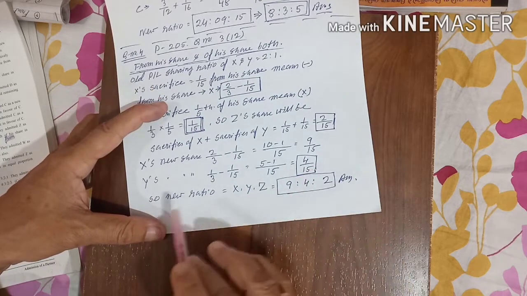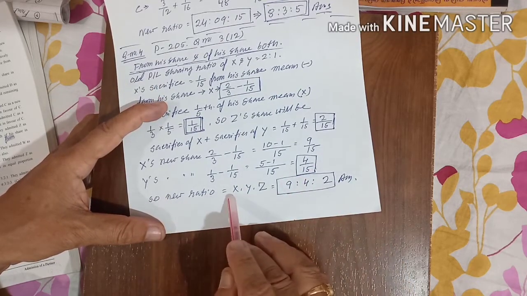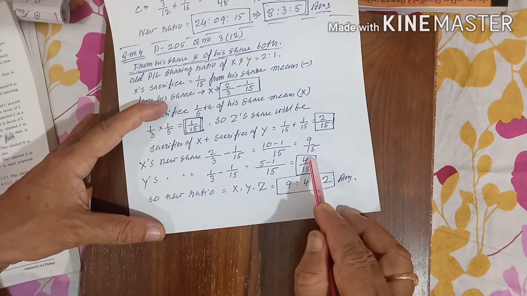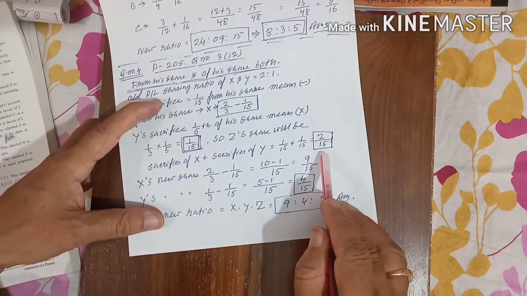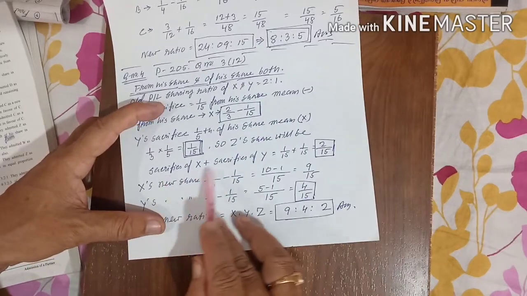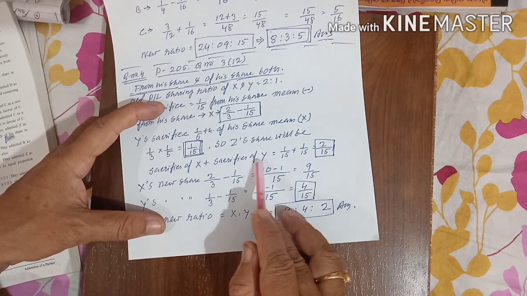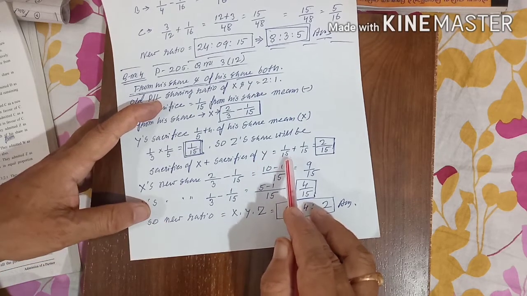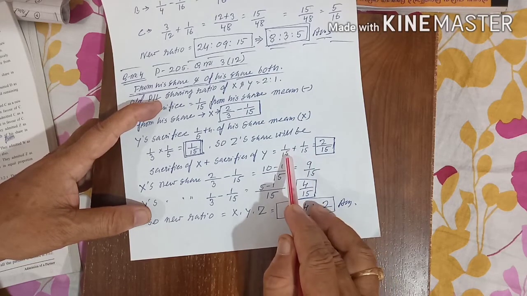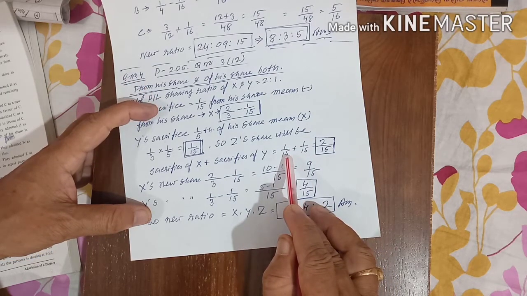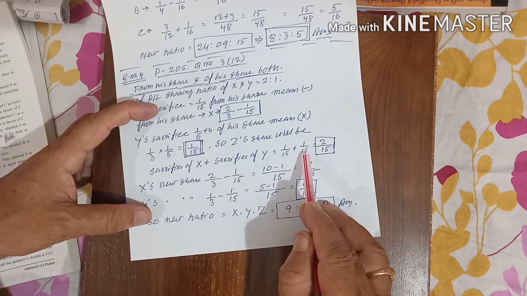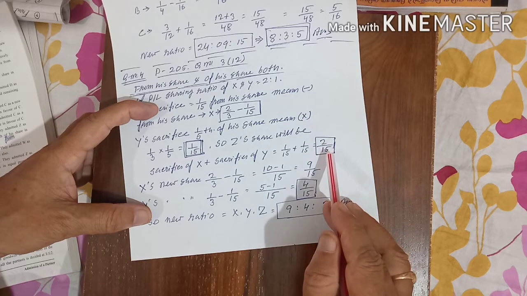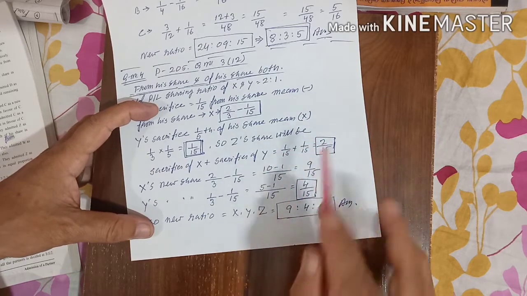Now the new ratio of X, Y and Z is 9:4:2. Where do you get 2? Because the sacrifice of X plus the sacrifice of Y is the share of Z, is it not? So 1 by 15 that X has given plus 1 by 15 that Y has given. 1 by 15 plus 1 by 15 is equal to 2 by 15, not 2 by 30.